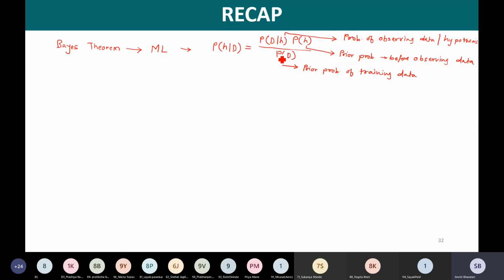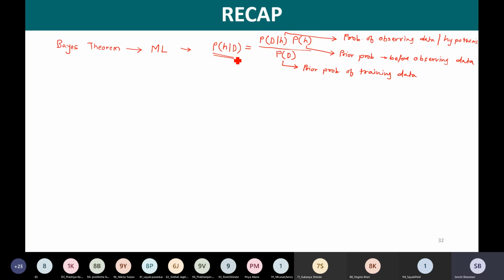So if we know these three quantities, it is possible to find out probability of the hypothesis given the training data. So this is what we wanted to compute. And this is how we applied Bayes theorem for finding out the hypothesis given some training data.